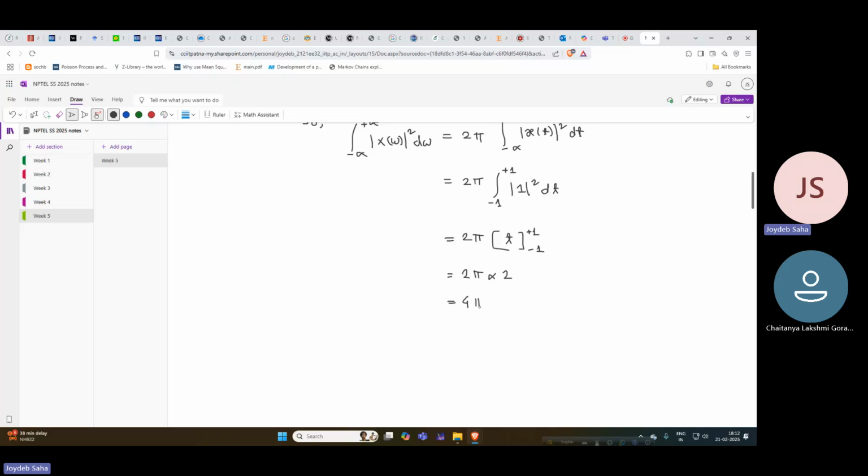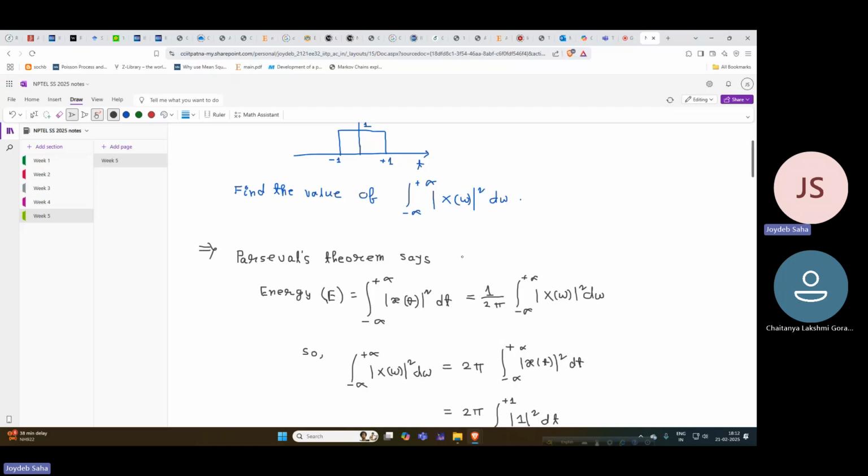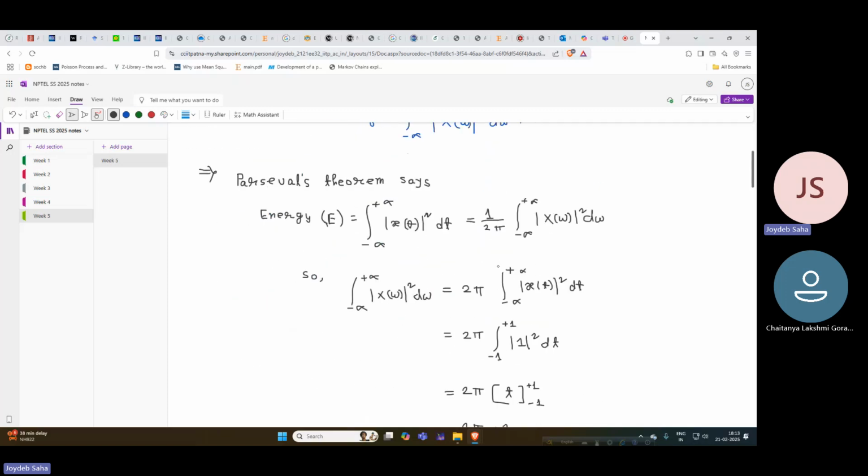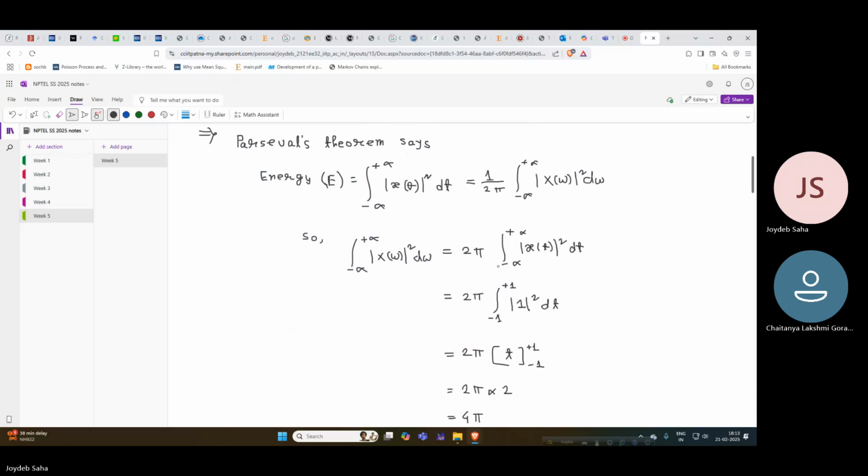So this is the easy way to calculate the integral, right? Just using Parseval's theorem, we transform it into the time domain and then calculate the value. So you people take 2 minutes and try to understand what we have done in this. If there is any query, ask. Then we will proceed for the next question.